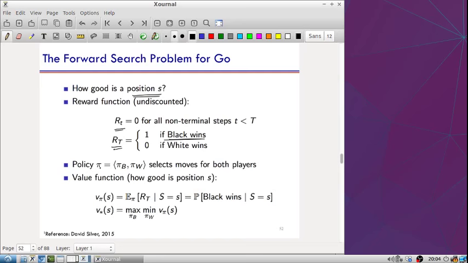Now a policy is the set of moves for both players. Given the board state, if you are the white player, you'll do something; if you are the black player, you'll do something else. So a policy is just what each player would do in the current situation. Think of it as two different policies depending on which side you're playing.